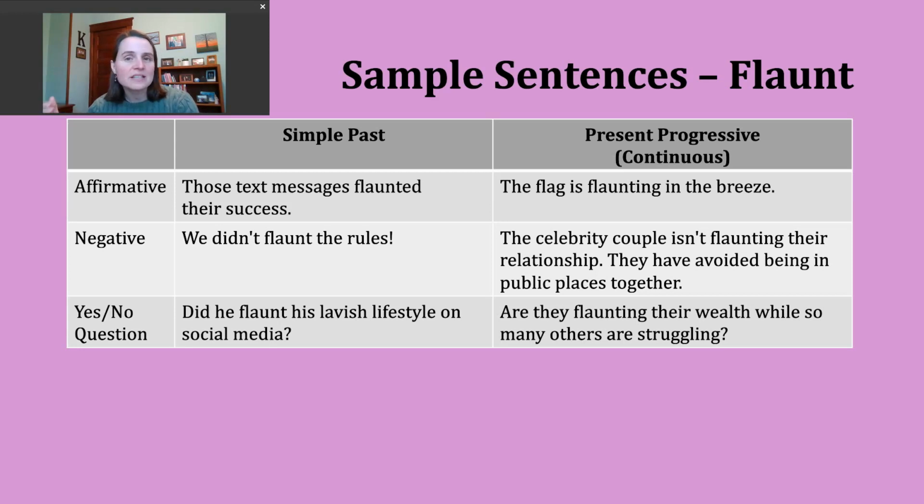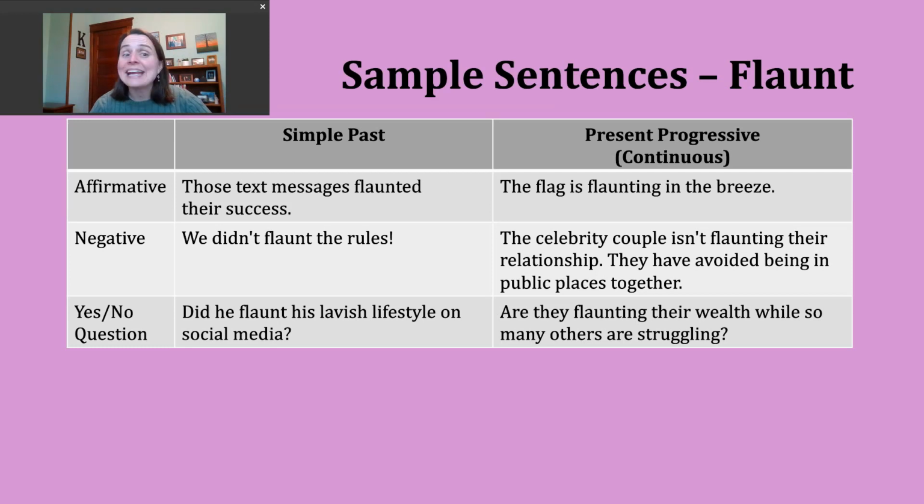This can be a he, she, it, they, etc. And then we use that ed form of the verb. You can see that in my example here. Those text messages flaunted their success. Okay? So here, again, someone is trying to really make it known that something was successful.